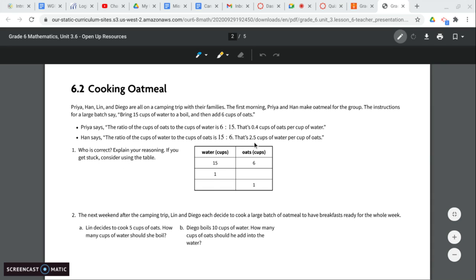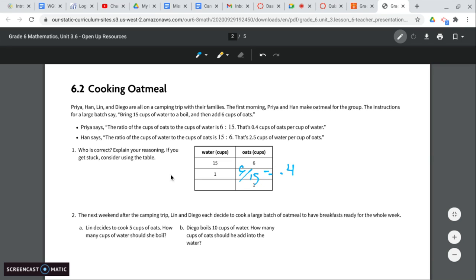So, using the table to help us, we have the 15 to 6. That's the relationship for this recipe for the large batch. If we want to get down to 1, remember, we divide 15 by 15 to get 1. So we take 6 and divide it by 15, and we end up with 6/15, which is 0.4. So for 1 cup of water, we have 0.4 cups of oats.